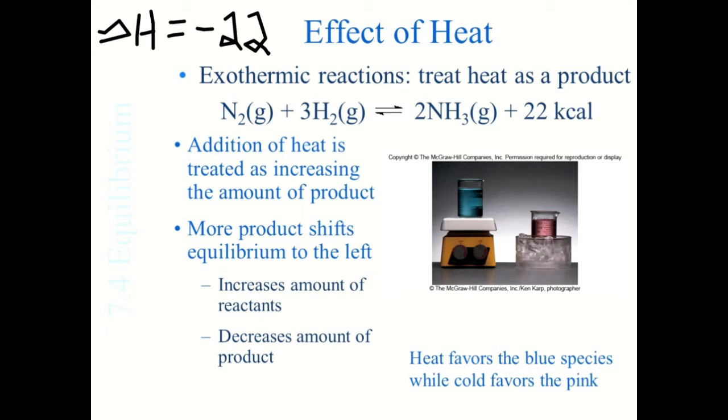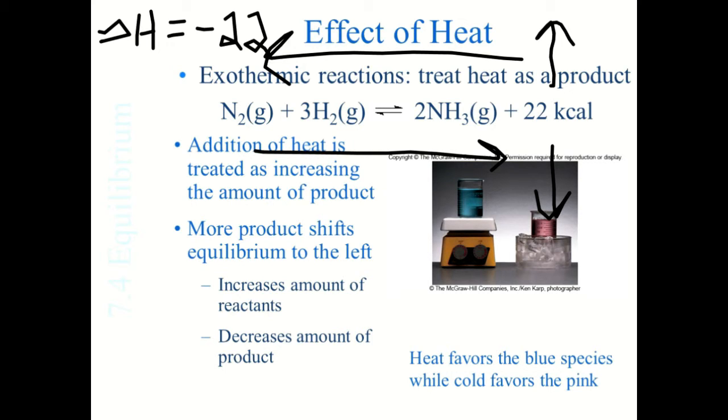Because then you can determine what happens when I heat it up. If the temperature increases, which way does it shift? To the left, away from it, towards reactant, right? If I decrease the temperature, which way does it shift? To the right, towards product.